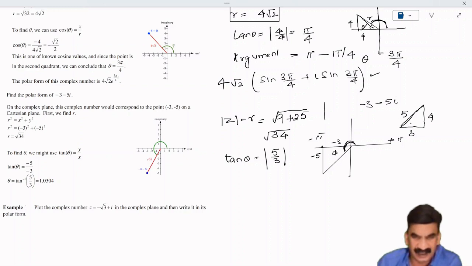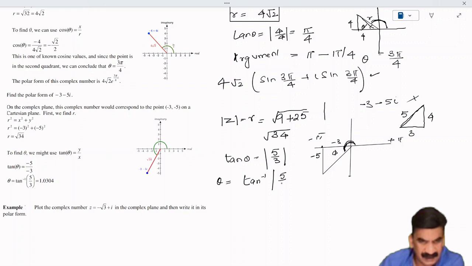And if I have to get this value of theta, I can't use this. I can use a calculator to get this value. But in any case, I can say theta is equal to tan inverse 5 by 3.